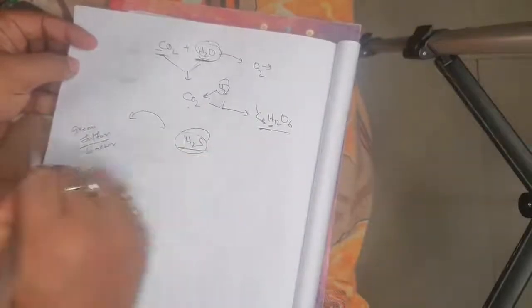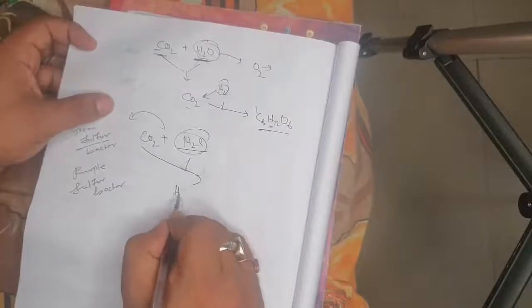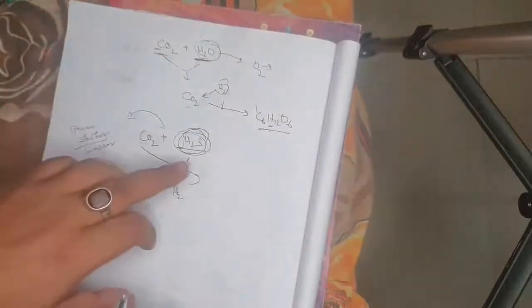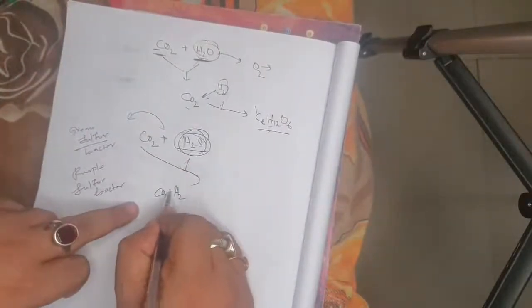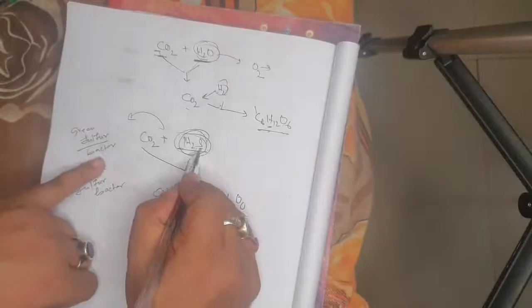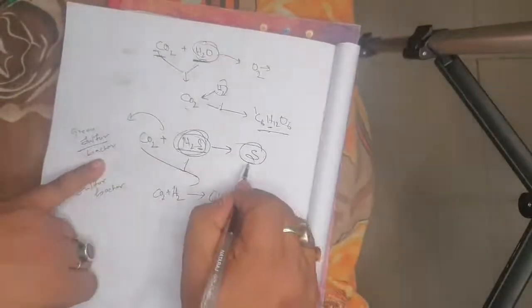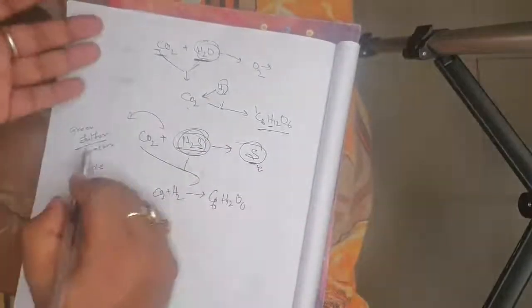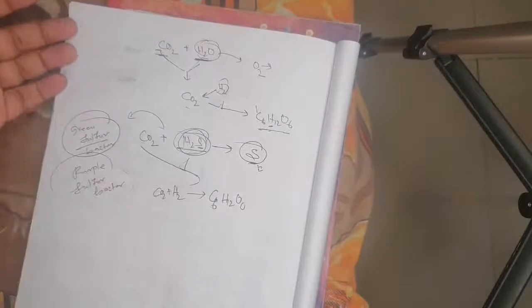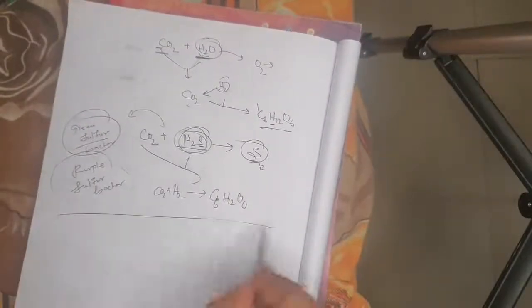What they do is they use H2S and combine it with CO2, and when the H2 is taken from this reducing agent and combines with CO2 to give C6H12O6, the O is coming from CO2 only, and the sulfur granules, these granules of S, are found in green sulfur and purple sulfur bacteria, which is quite interesting to know.